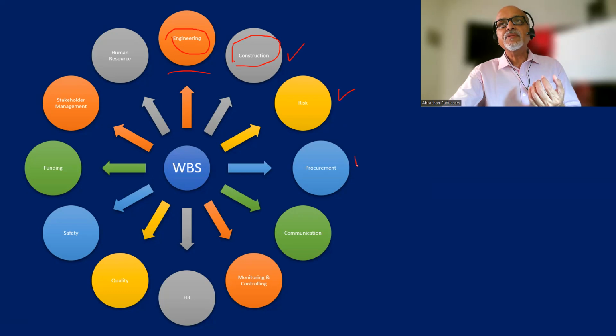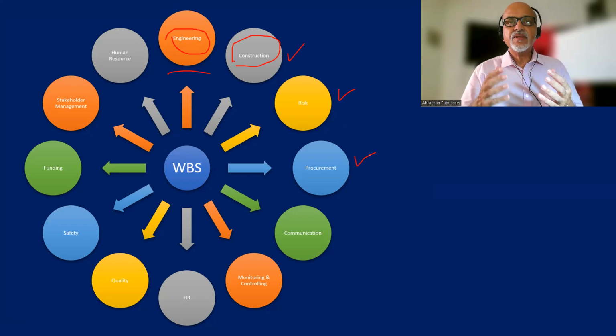We have to think about the activities that need to be performed to procure the material, and sometimes we have long lead items. Long lead items are those items which take a long time to procure. So those activities need to be planned.